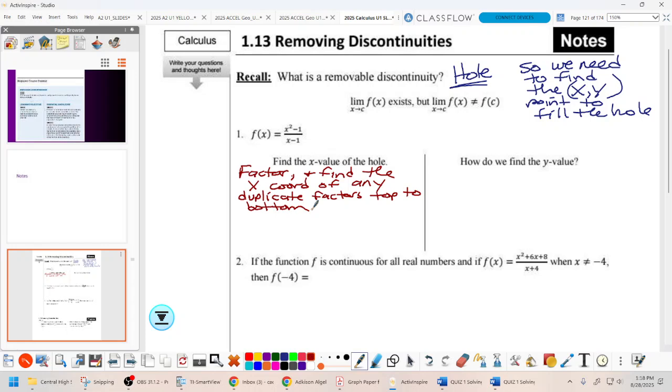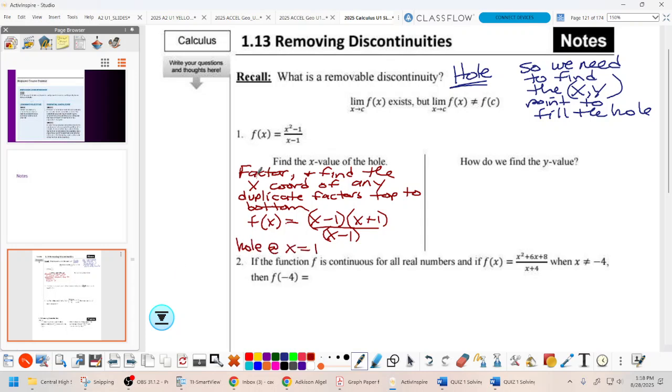Now in this case there's only one, but surely you've seen ones where we had more than one hole. So if we factor this, we get x minus 1 and x plus 1 over x minus 1. So we have a hole at x equals 1.